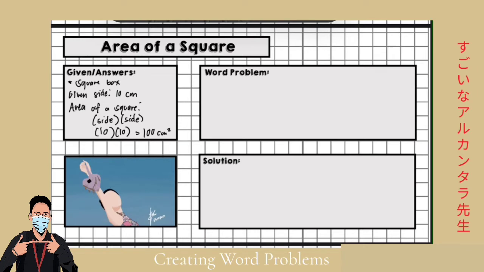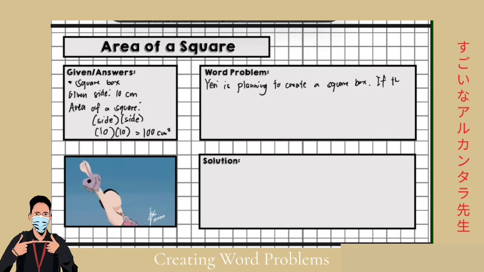So we can have that already. It's your freedom on how you would word it, but basically you can say, for example, that Yeri is planning to create a square box.